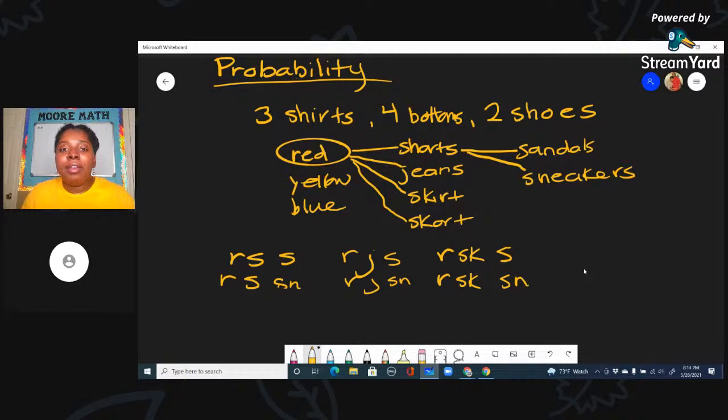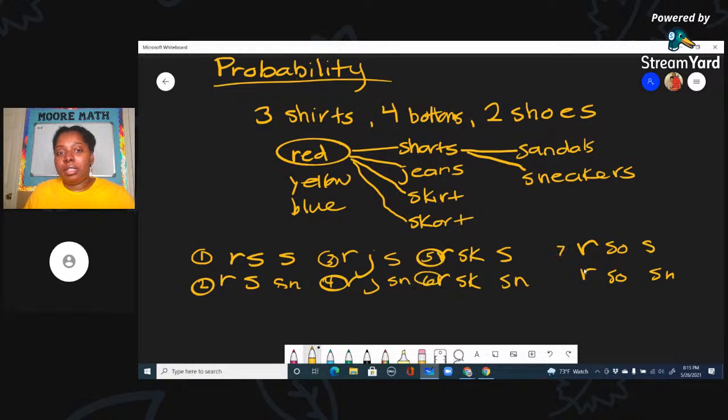Perfect. And then red, I'll put SO for skirt. And then what shoes? Sandals. And then red skirt, what? Sneakers. Okay, so how many possibilities are there with just red? 1, 2, 3, 4, 5, 6, 7, 8.